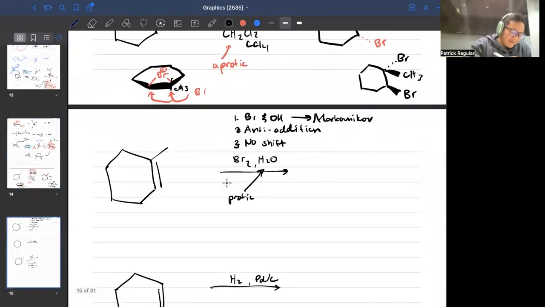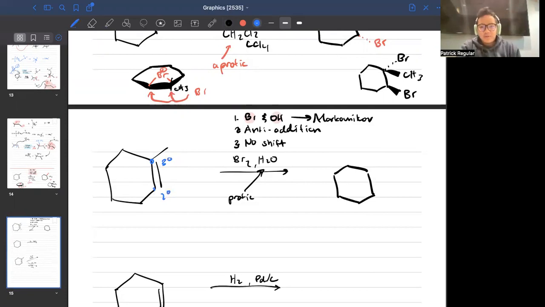Okay, now that we know we're trying to add Br and OH, it's Markovnikov, anti-addition. So let's just redraw our product. Anti-addition, Markovnikov. So this is tertiary, this is secondary. Which one's going to take the most substituted carbon? It's going to be OH.